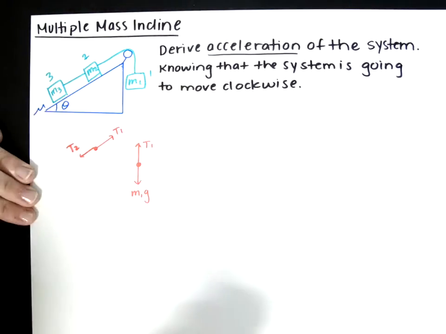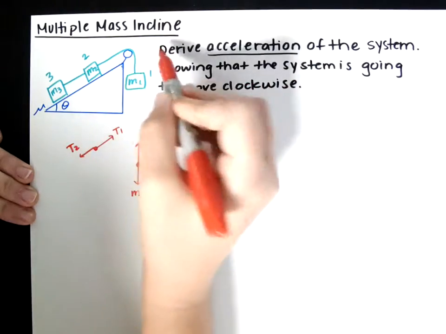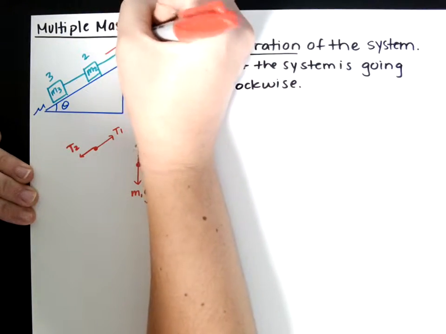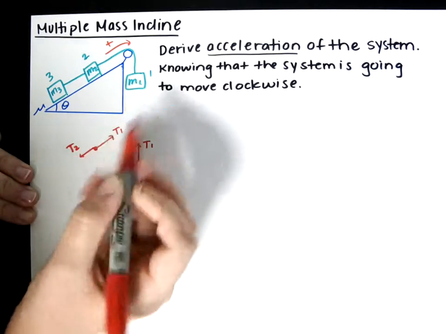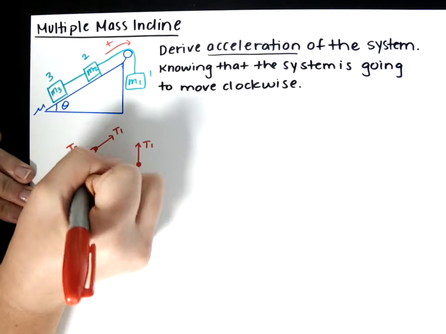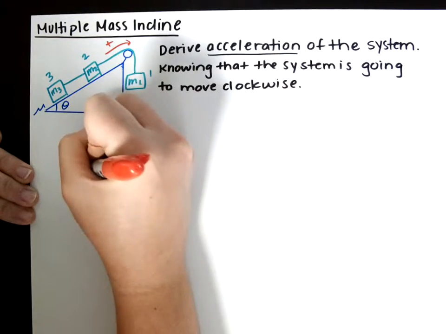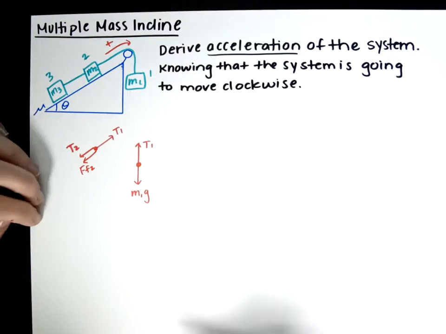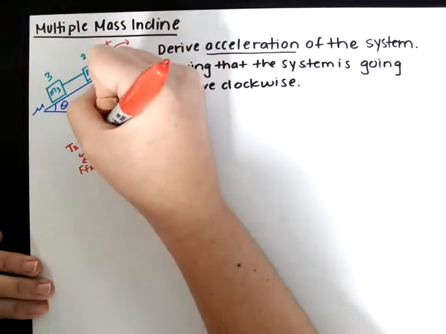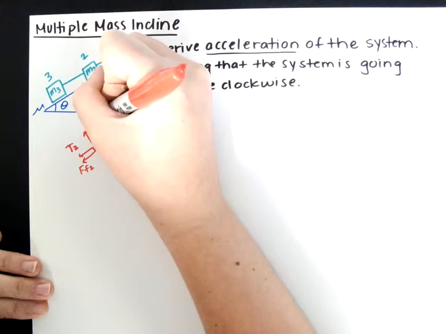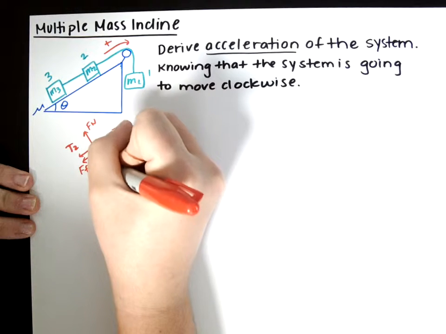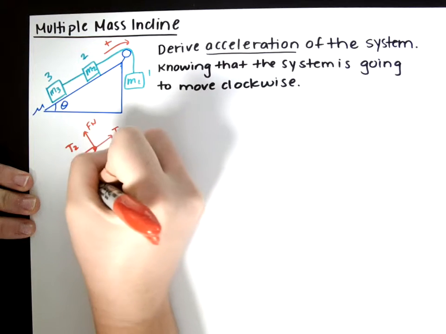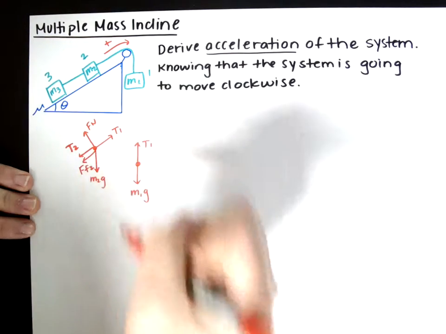And we're going to assume that the system is going to move clockwise, so that means this is the positive direction. So if M2 is moving to the right, that means force of friction must be opposing that motion to the left. Force of friction 2. And then it's got an up force, normal force, and straight down force of gravity. That's M2G.